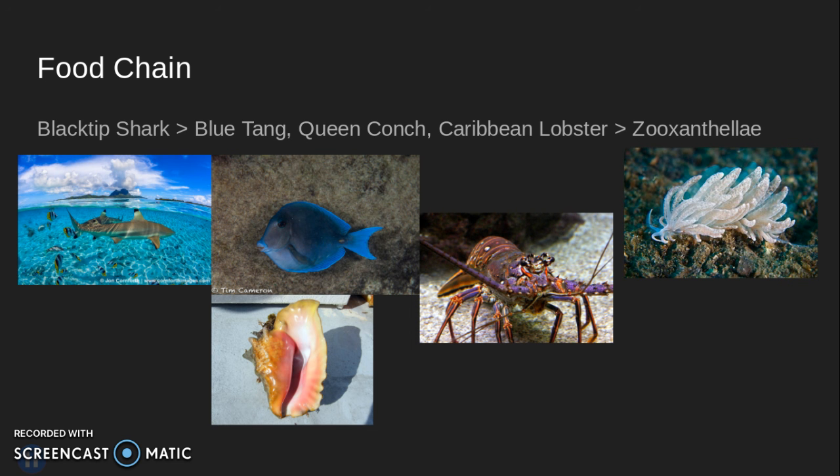This, along with queen conch, essentially places the two at equal positions, and the Caribbean lobster not eating many things other than plants and algae also places them at the equal area as the blue tang and the queen conch. And finally, zooxanthellae is at the bottom of the chain, where they receive sunlight and perform photosynthesis.